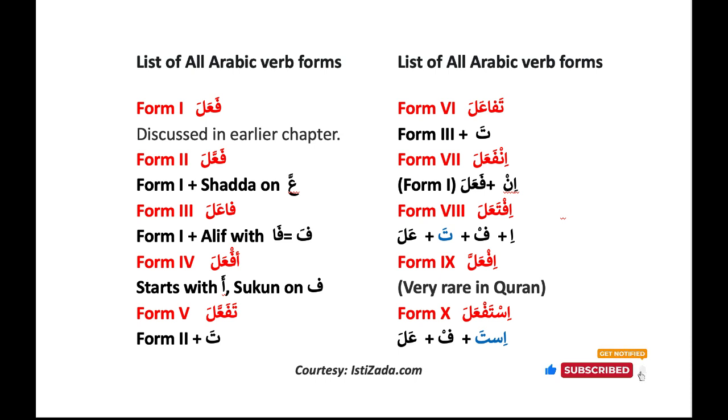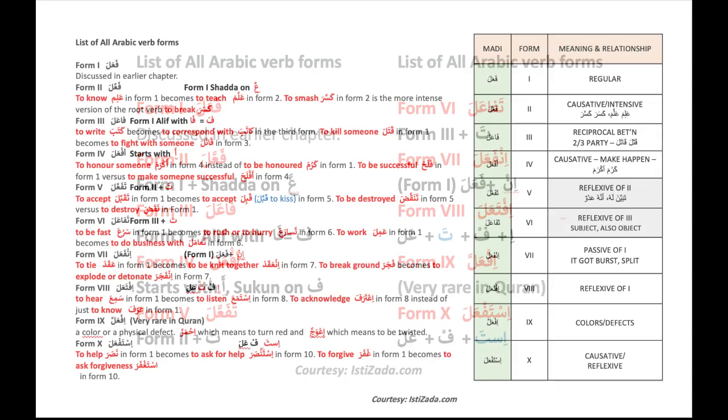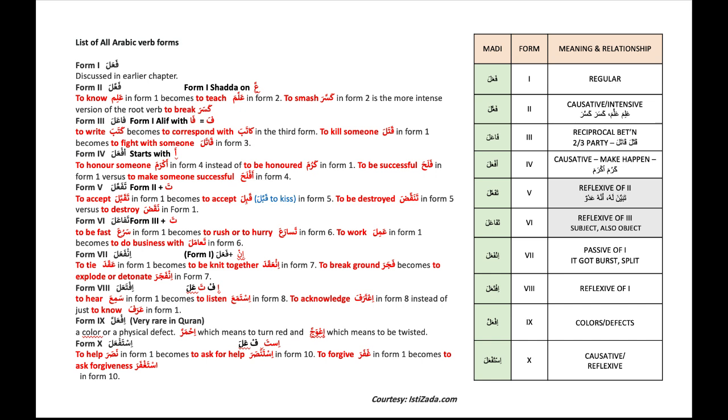So istaf'ala. There are examples which you will learn later, like istansara, istaghfara. Ghafara has become istaghfara. But the root pattern of form 10 is istaf'ala. As we told you in the beginning, all the verbs are recognized and transformed based on the root structure, which is fa'ala. Alhamdulillah.